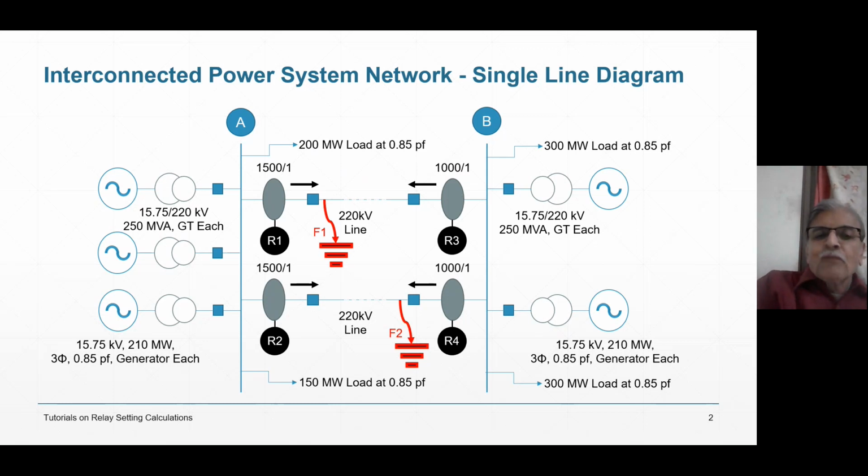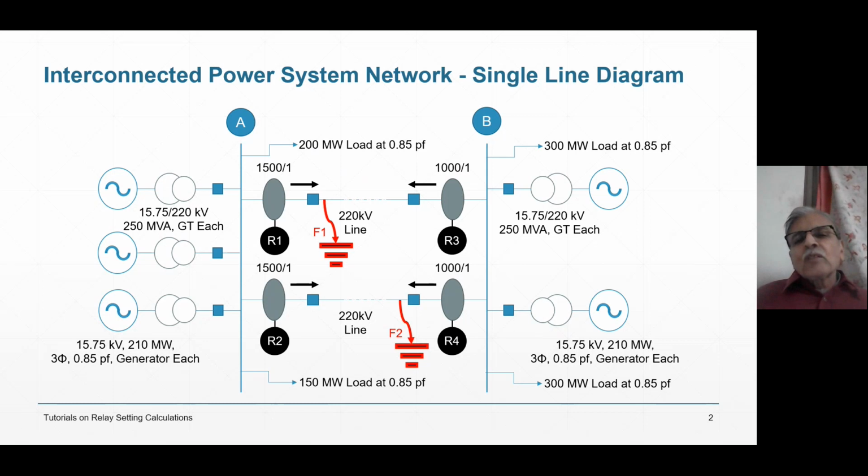Obviously, the right hand side generators means from bus B, from R3 to F1. There R1 is not in the picture, but R4, R2, R1 and F1. That route is also there, and it is giving equal current, because F1 is just near the bus of the R1 relaying point. Therefore, through R1 maximum current will flow.